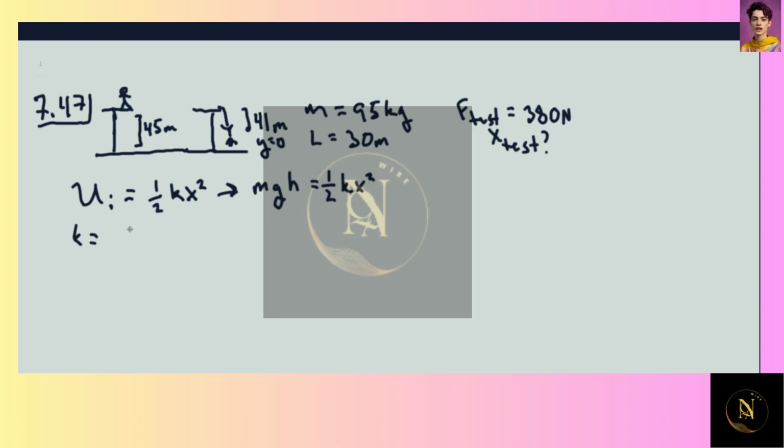And so solving that for k, we get that it's 631 newtons per meter, using his mass, which we're given, and everything else we know as well. So now, this is the correct spring constant.